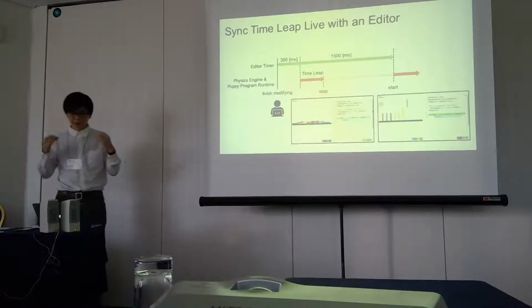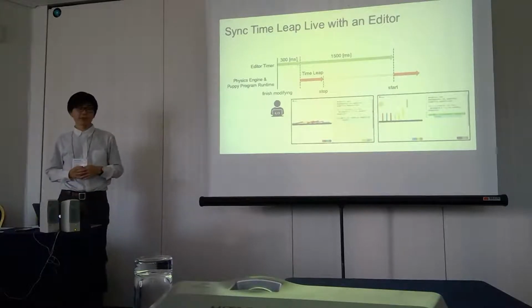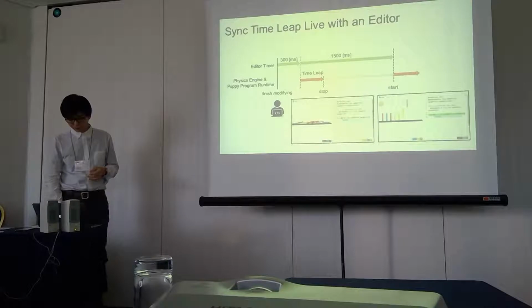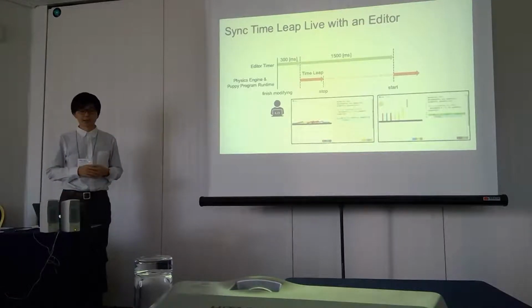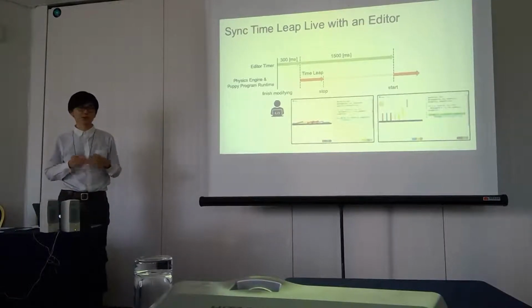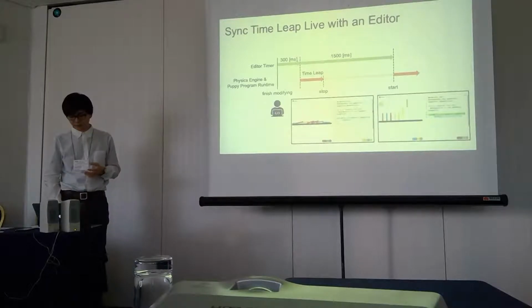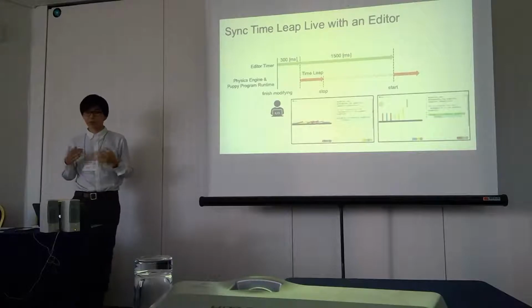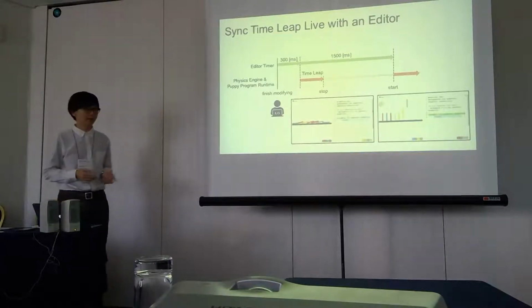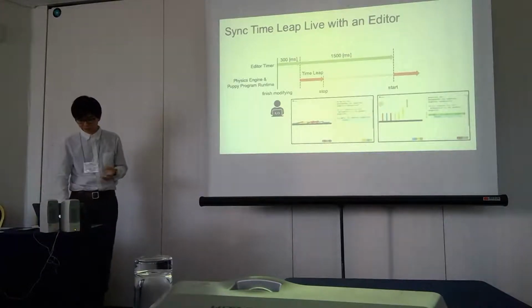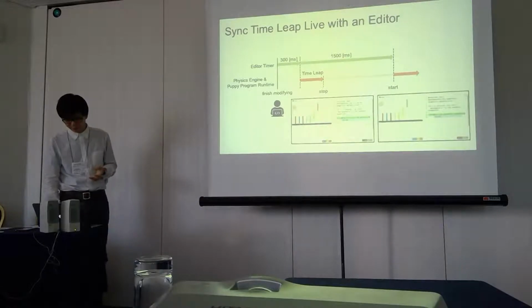And time replay is synchronized with the editor. When you finish modifying, a timer is set to 300 milliseconds. After 300, the program progresses to the modified point and stops by the time speed flag, like this.